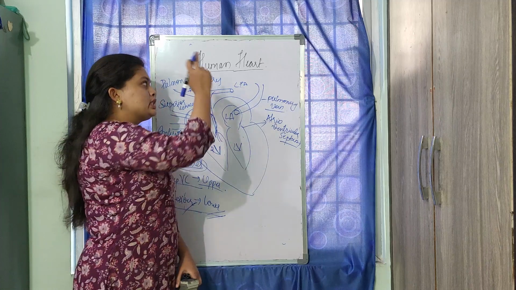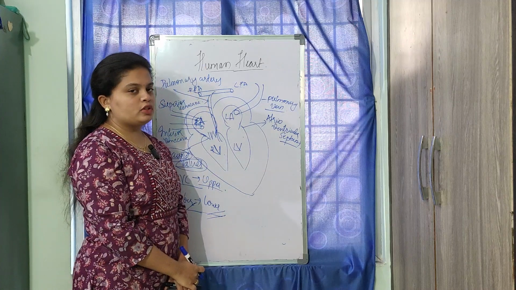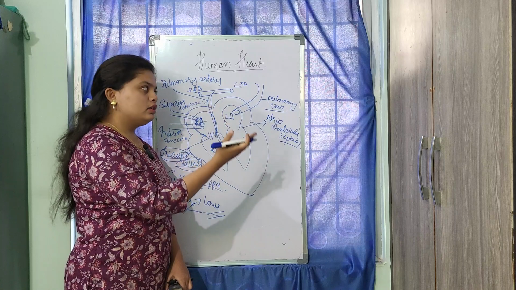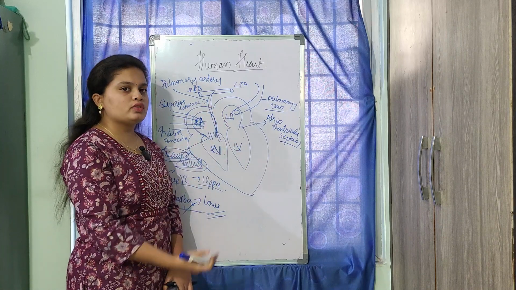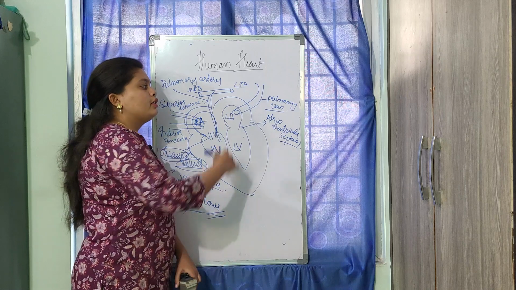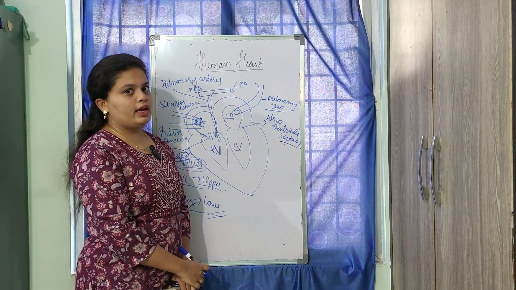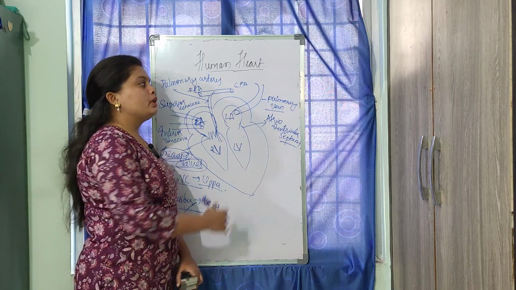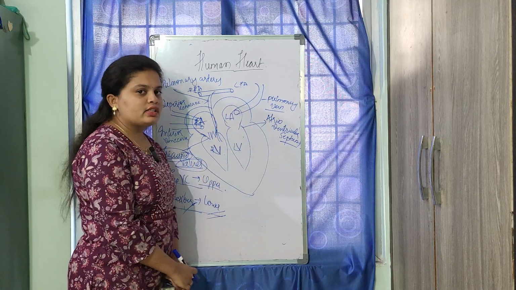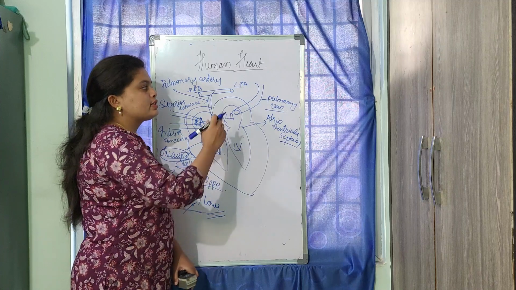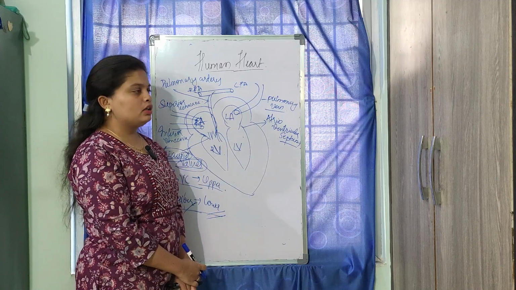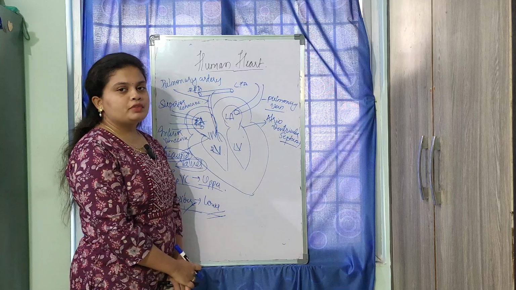As you know, there is an exception for artery, and in veins also there is an exception, which is the pulmonary vein. We already know that veins are responsible for carrying deoxygenated blood, but the pulmonary vein is the only exceptional vein which is doing the exact opposite.